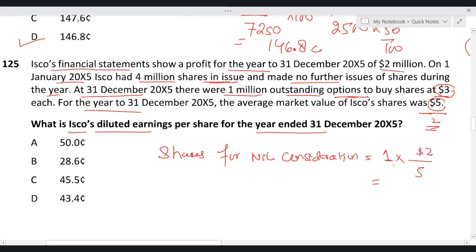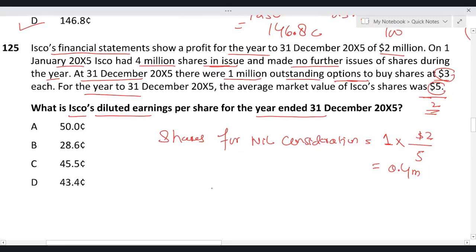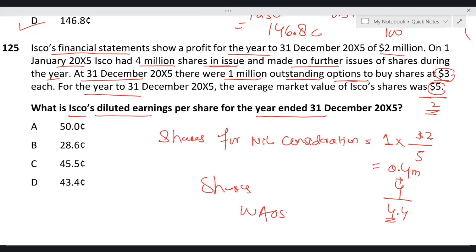I'm getting 0.4 million. So shares for nil consideration are 0.4 million. We already have 4 million shares, so logically your weighted average ordinary shares are 4.4 million.